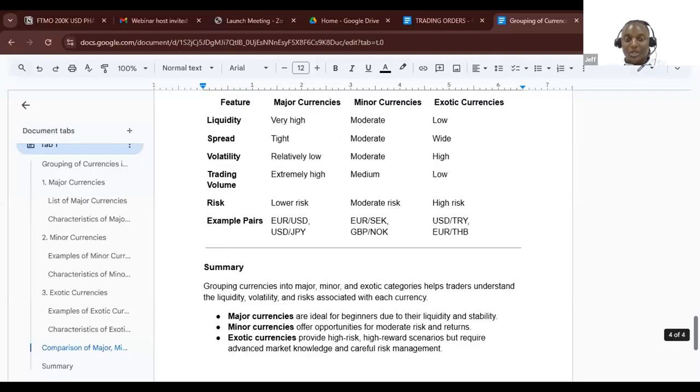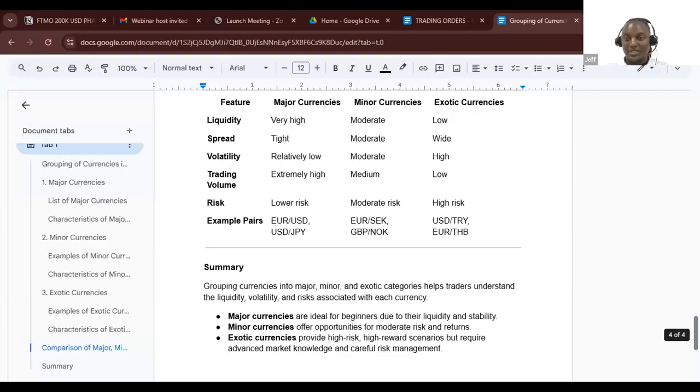Okay. So major currencies are ideal for beginners due to their liquidity and stability. Minor currencies offer opportunities for moderate risk and returns. Exotic currencies provide high risk, high reward scenarios, but require advanced market knowledge and careful risk management. So my advice, as a beginner starting out in the trading world, is to start out with major currencies.